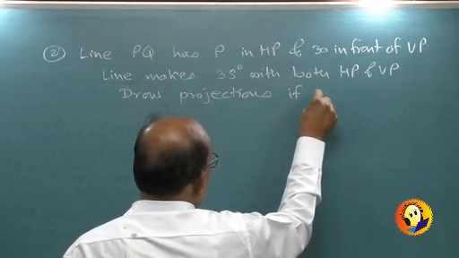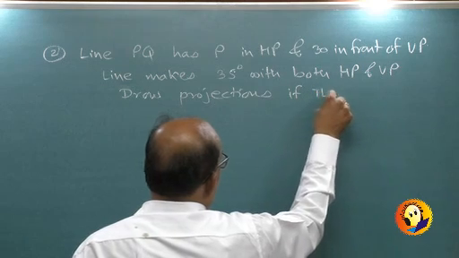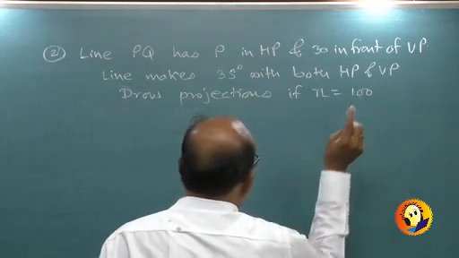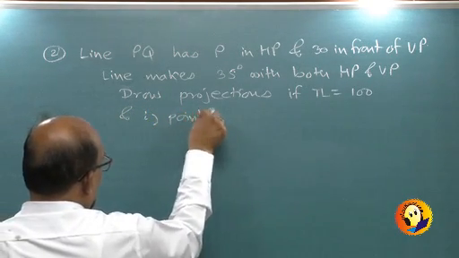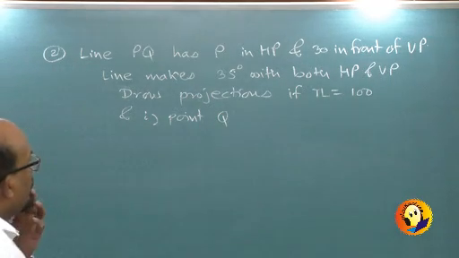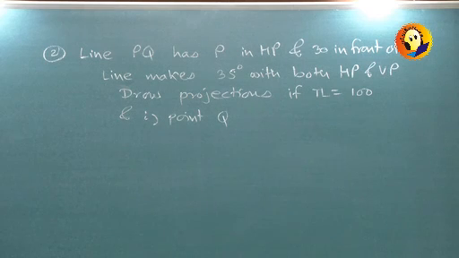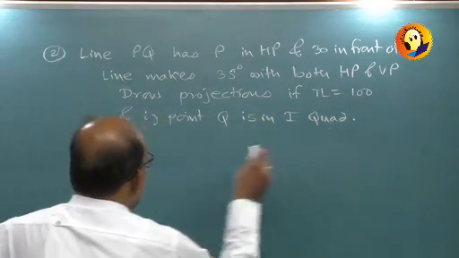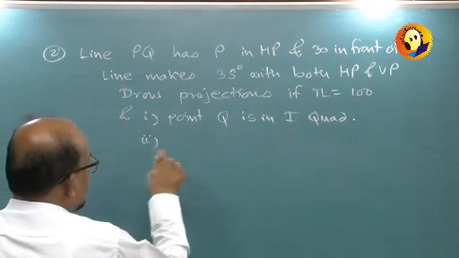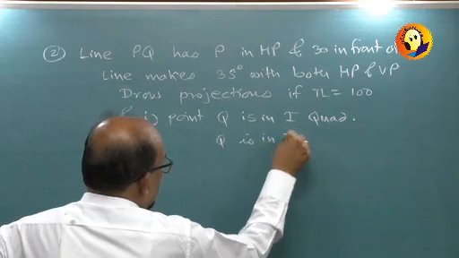If true length is equal to 100 millimeters and number 1, point Q is in first quadrant, number 2, point Q is in second quadrant.